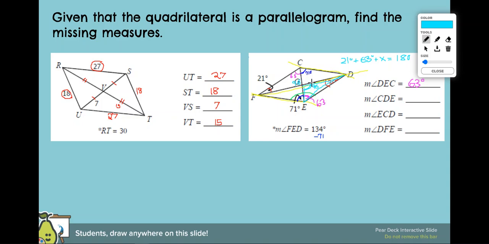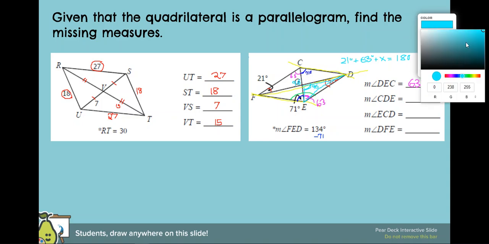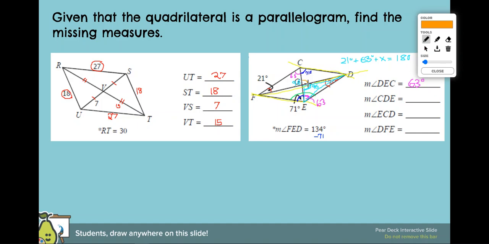It also means that we can use linear pairs to figure out what the angle is directly next to it. If this angle is 96, then 96 plus this angle has to equal 180. So we take 180, subtract the 96 that we already have, and we're left with 84 degrees. So we know that the other interior angle is 84.